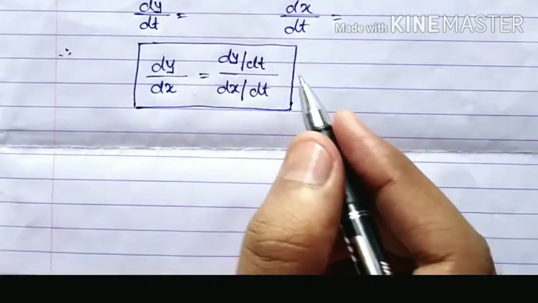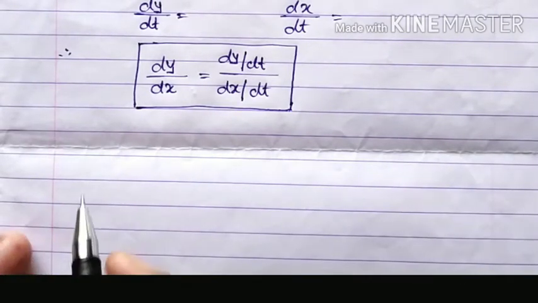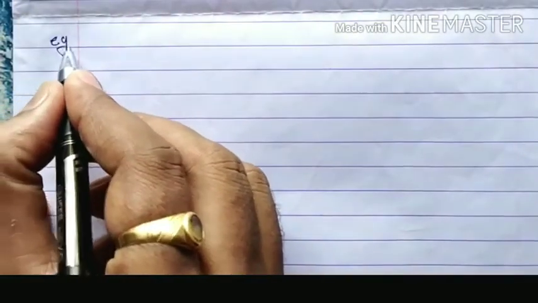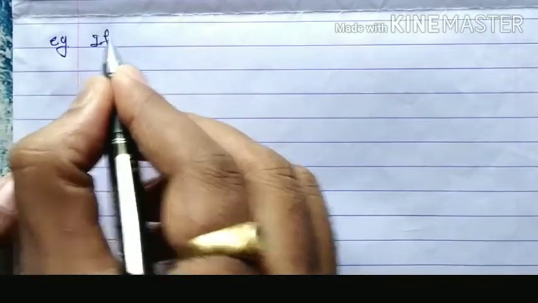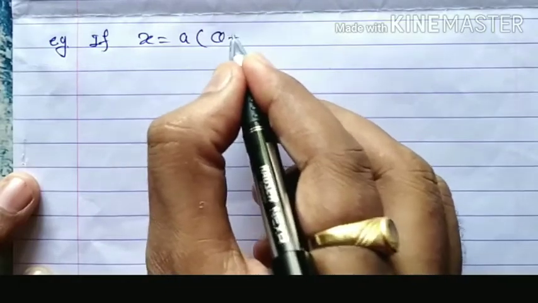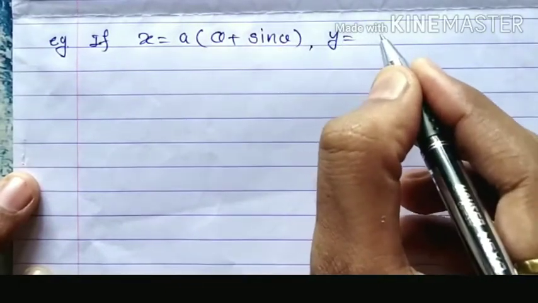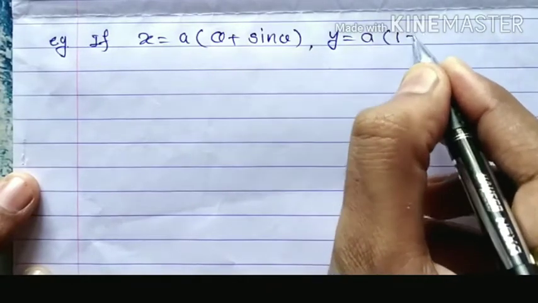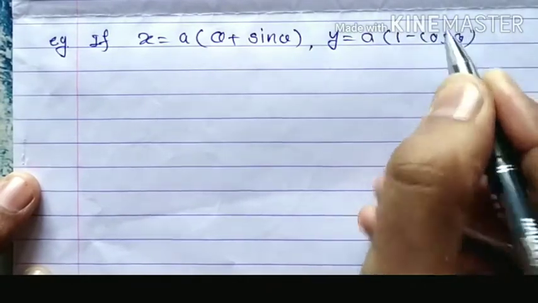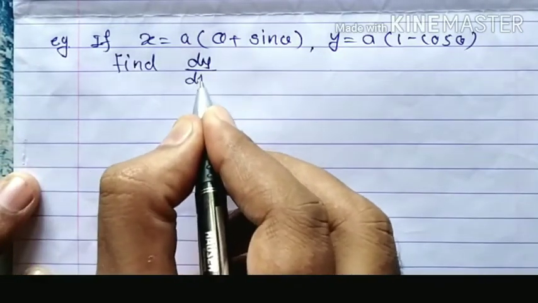Here the variable t can become another variable like theta, u, h, like that. Let me illustrate this with one particular example. If x is equal to a bracket theta plus sine of theta, y is equal to a into bracket 1 minus cos of theta, the question is find dy by dx.